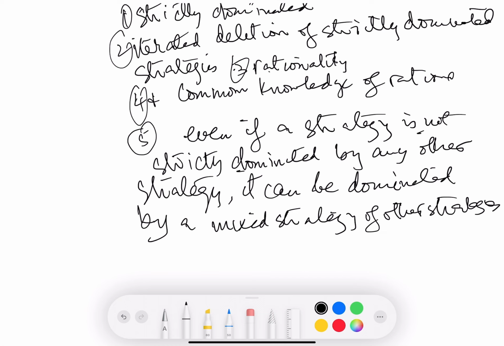Okay, so I'll stop here, and we will continue moving on to Nash equilibrium as we go on.